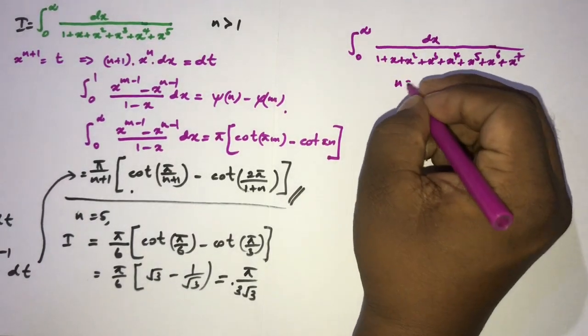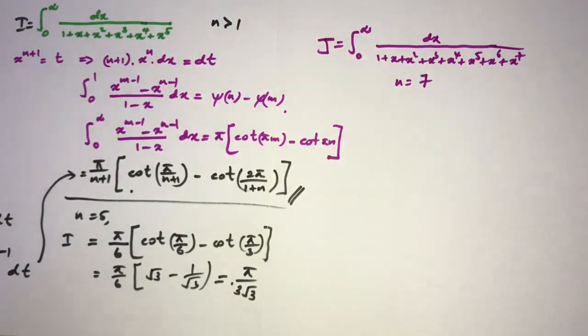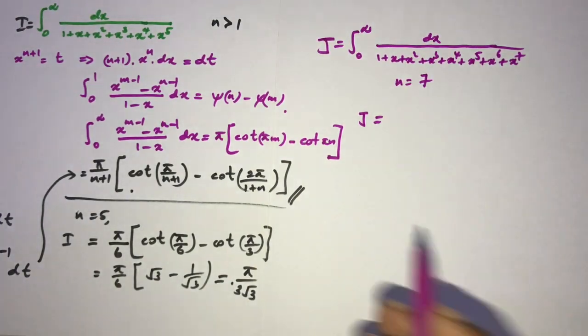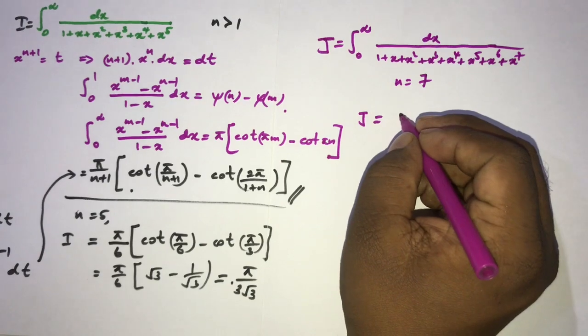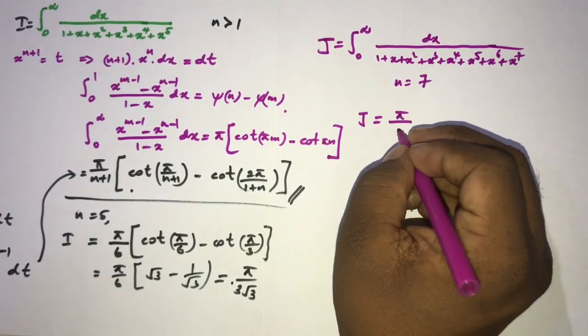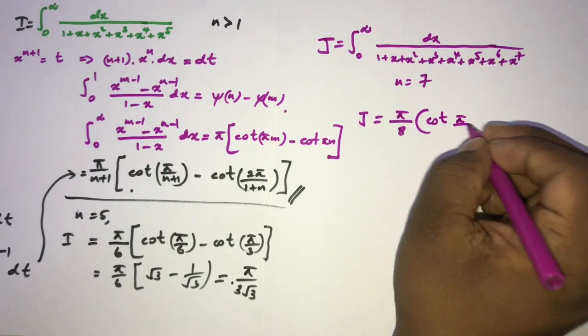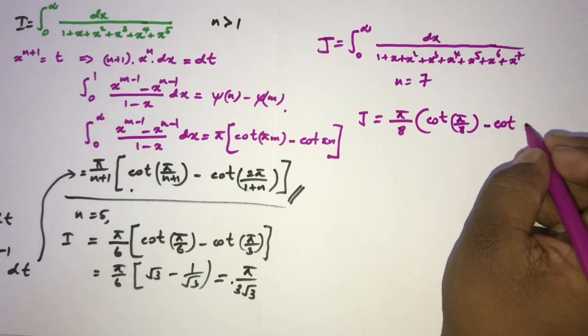I am going to call this integral J. Now n is equal to 7, so J is equal to pi over n plus 1, so 8, times the cotangent of pi over 8 minus the cotangent of pi over 4.